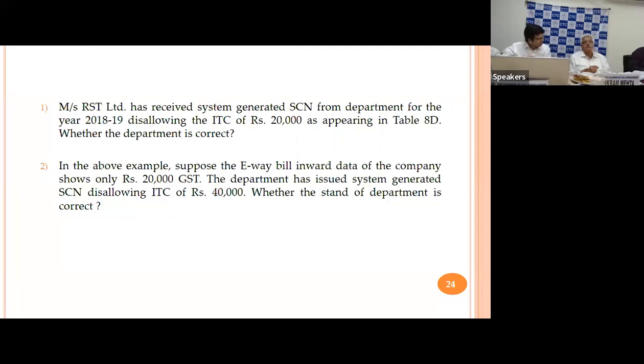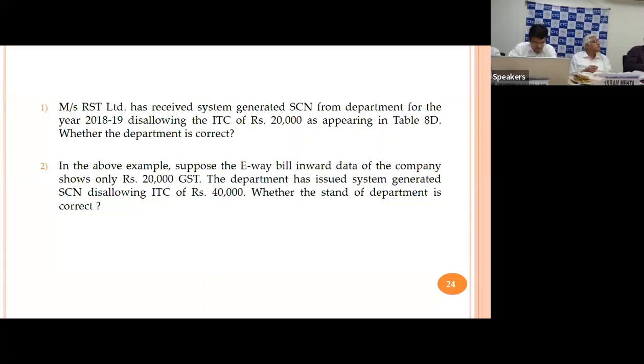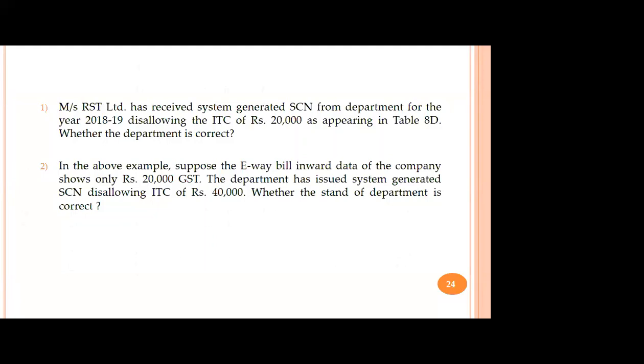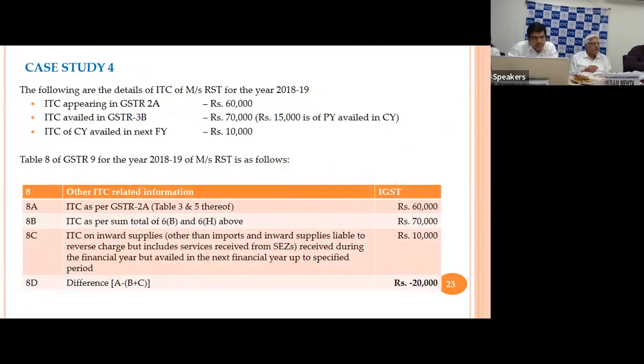Let's park that issue aside for the time being, how you will declare, because in either case you will have to explain the 15,000 difference, either over there or over here: entirely over here, or 15 over there and 5 over here. So that will always remain. Okay, for such issues there are some relevant provisions which we can discuss. This case study is for 18-19.